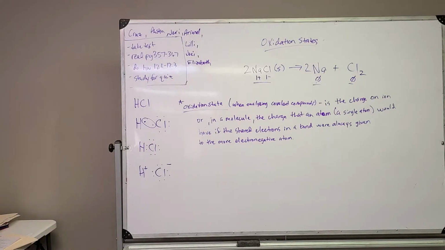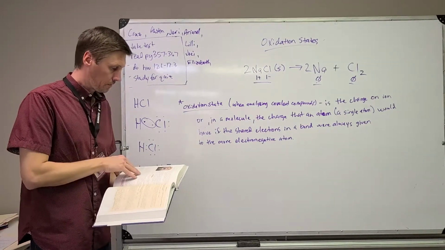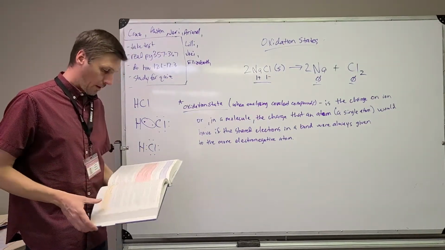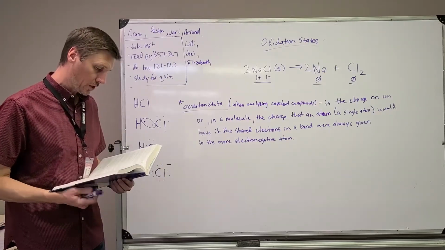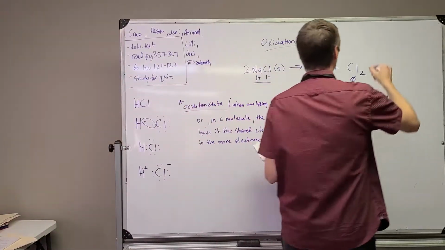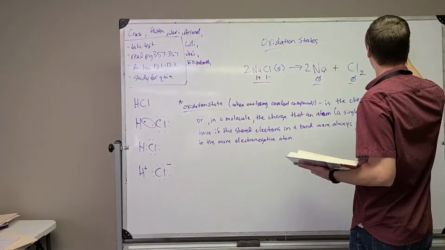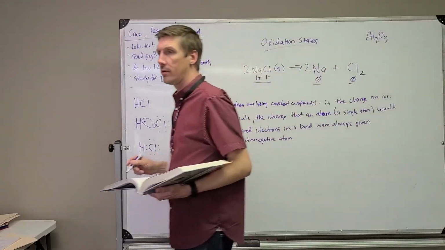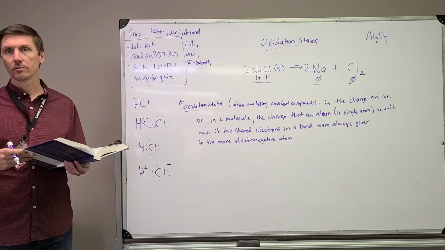Let's do a couple examples and see if that'll become a little clearer. Our example is on page 359. It says, what are the oxidation states for the atoms in Al2O3? All right, Al2O3. Is that an ionic or covalent compound?